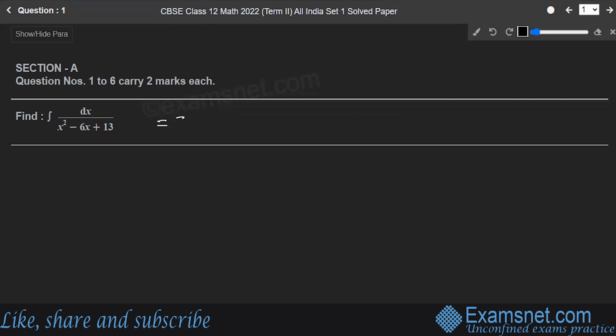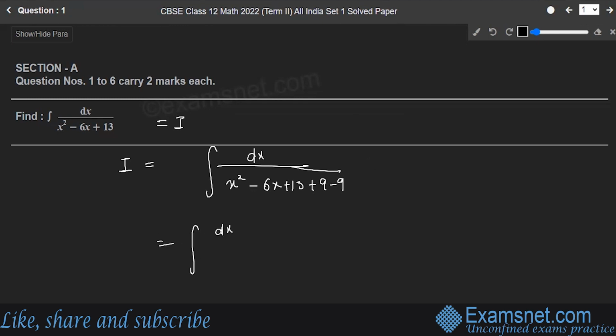Let's say this is equal to I. So this I can be written as the integral of dx upon x squared minus 6x plus 13, plus and minus 9. So that is dx upon x squared minus 6x plus 9 plus 13 minus 9.